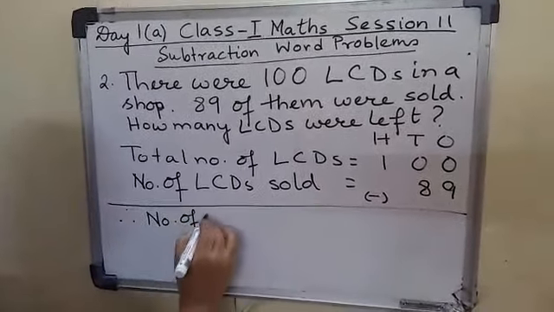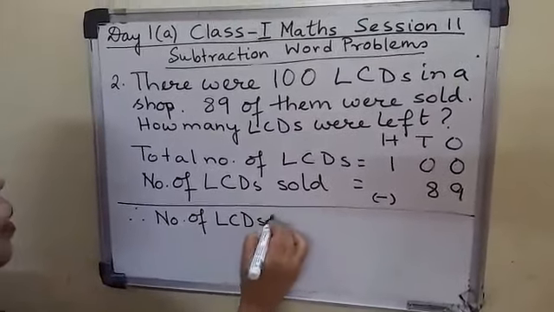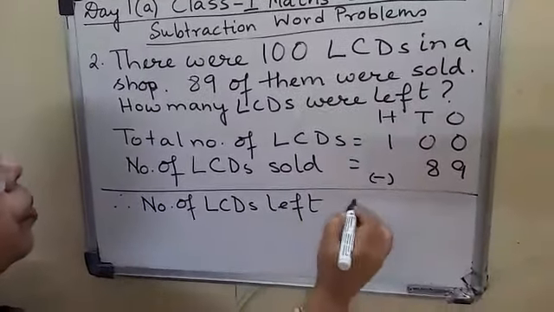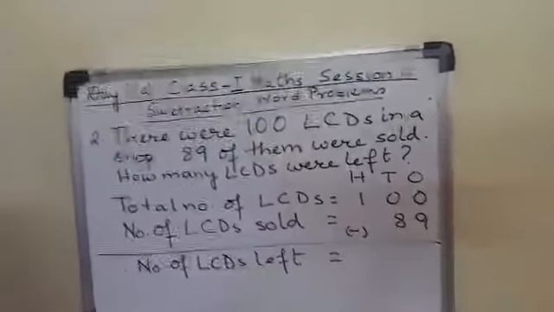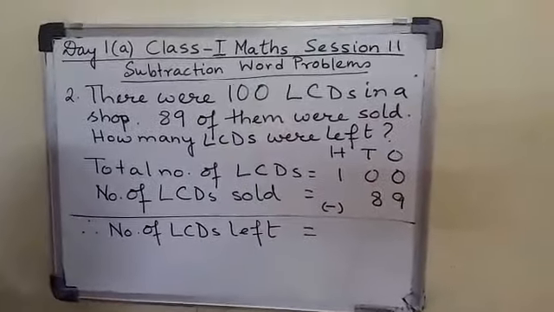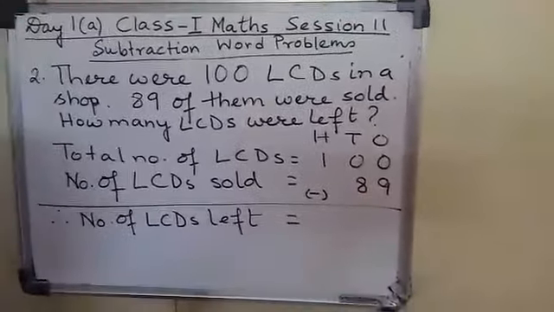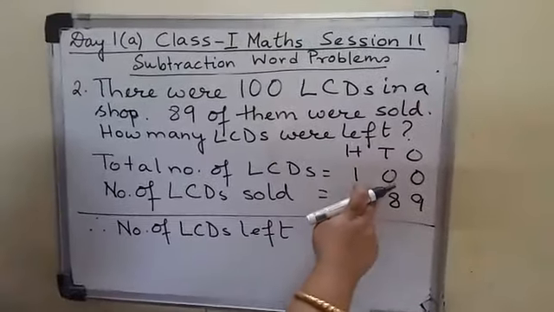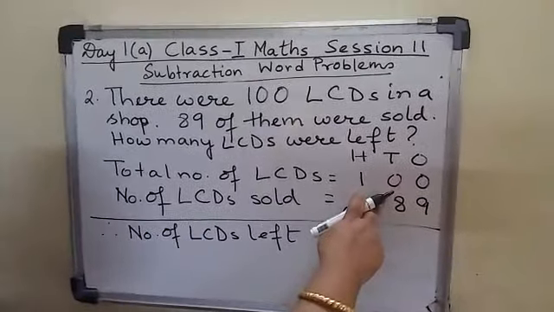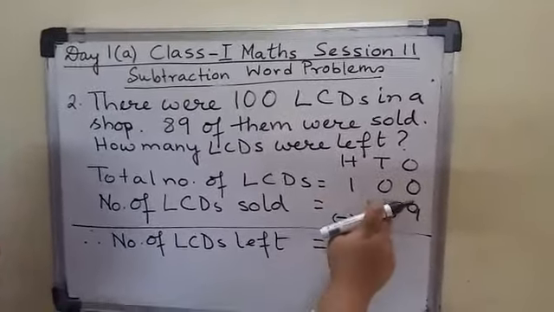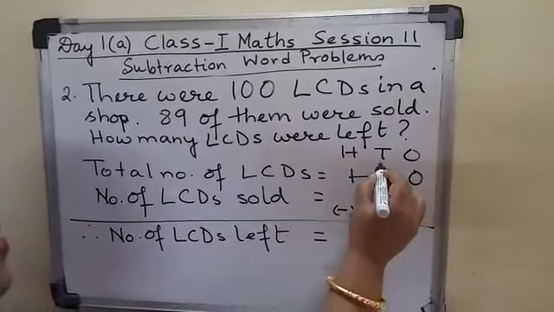Number of LCDs left equals to, so you need to subtract 89 from 100. Here it is 0, isn't it? Here it is 0. So what we need to do? We borrow 1 from here. So here also you see it is 0. So what we do? We take this 2 at a time, 10.